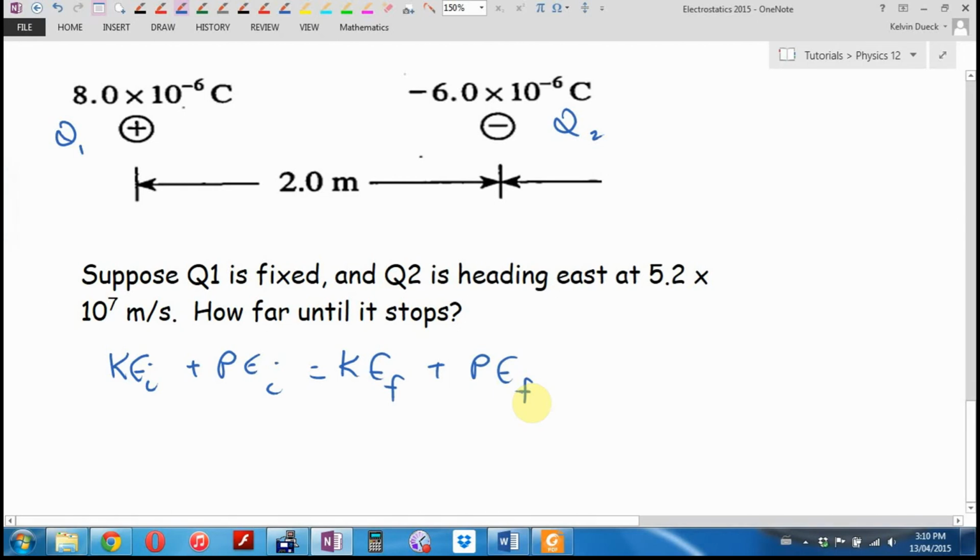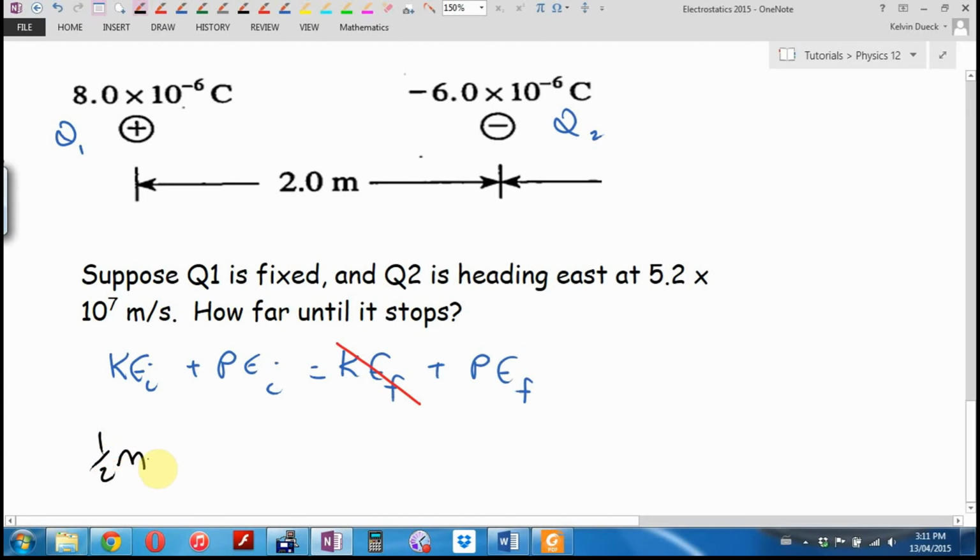Are any of these 0? Sadly, only that one. If we were starting out at infinity or ending out at infinity, one of my potential energies would be 0, but sadly, it's a nice limit, actually. It's a calculus issue because there's an R on the bottom. The limit is R approaches infinity. Okay. You know what? In fact, I think what I would say is this.